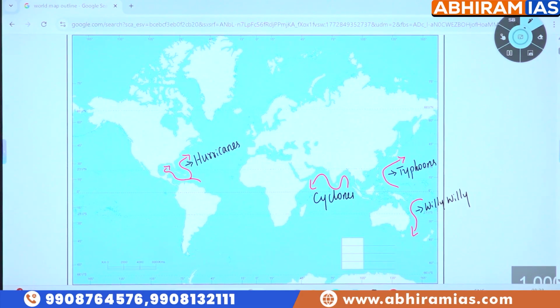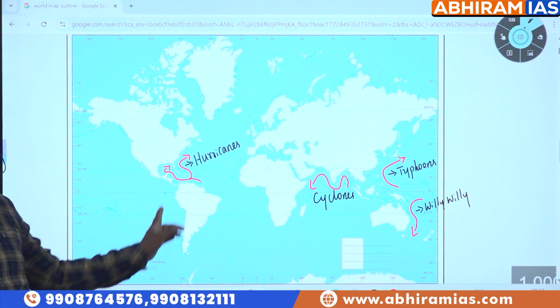Like match the following. Okay, North America, you write North America hyphen Gulf of Mexico hyphen Gulf Stream and Caribbean current, it should be in one line, hurricanes.